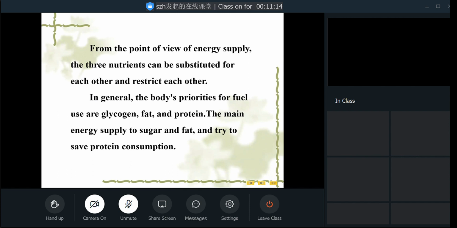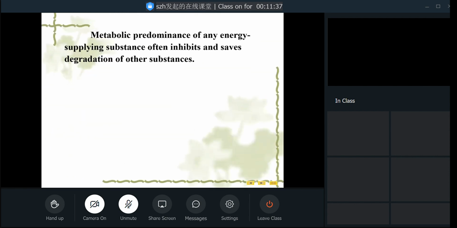In general, the body's priority for fuel use is glycogen, then fat, and then protein. The main energy is supplied by sugars and fat, and the body tries to save protein consumption. And the second, pay attention to the metabolic predominance of any energy-supplying substance, which often inhibits the degradation of other substances.